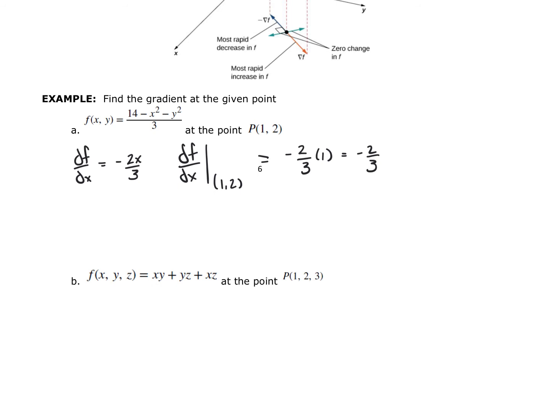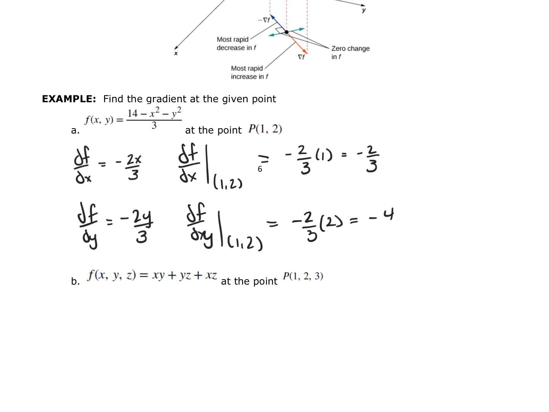Now this is the i component of my gradient. And then I do my partial derivative with respect to y, which is going to give me negative 2y over 3. I'm going to evaluate this at 1, 2, which is going to be negative 2/3 multiplied by my y, which happens to be 2.